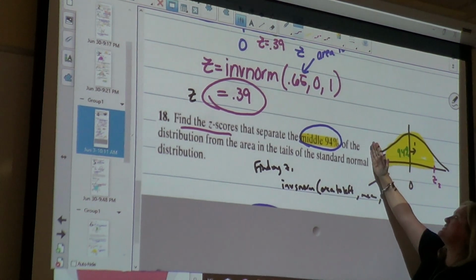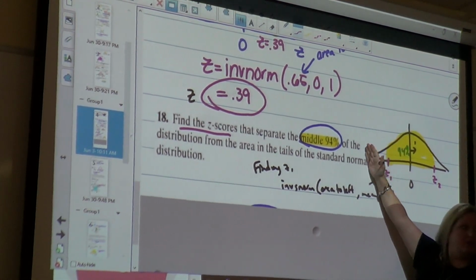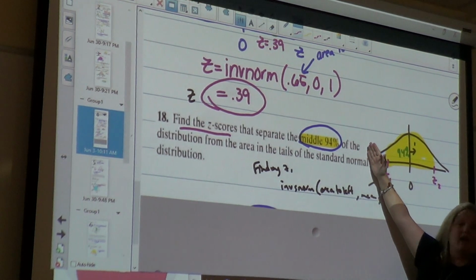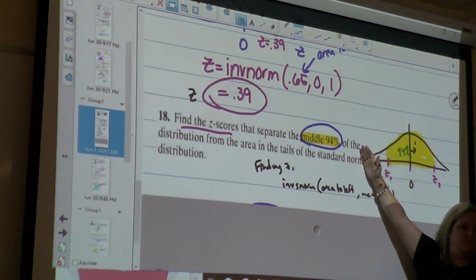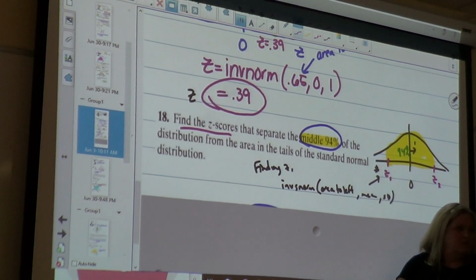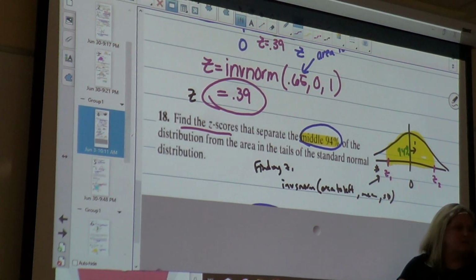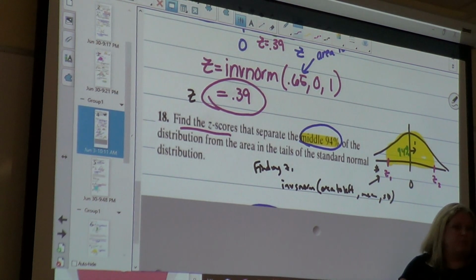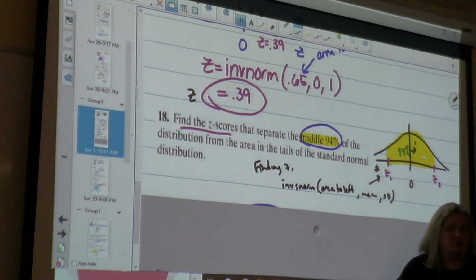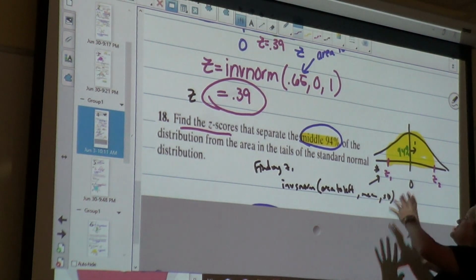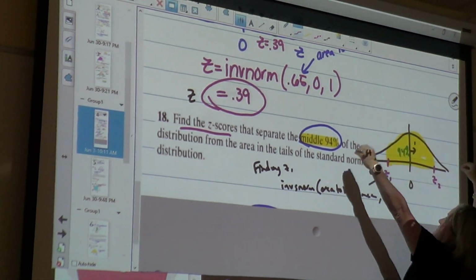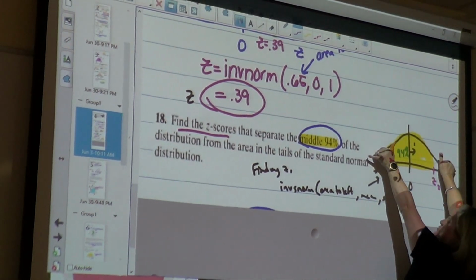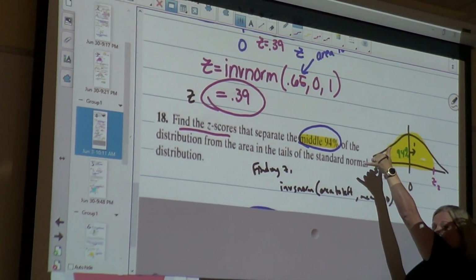Do you agree the area to the left would be this piece right here? Okay. How would I get the area to the left? 1 minus 94, divided by 2. So I take the 100 minus the 94, which would give me these, and then I would divide it by 2.